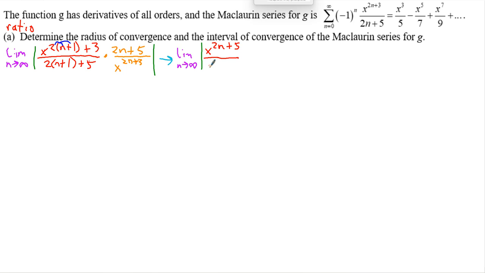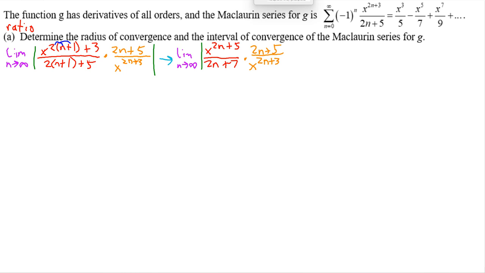So that'd be 2n, and then the 2 plus 5 will give you plus 7. And then this one's already simplified: 2n plus 5 over x to the 2n plus 3.